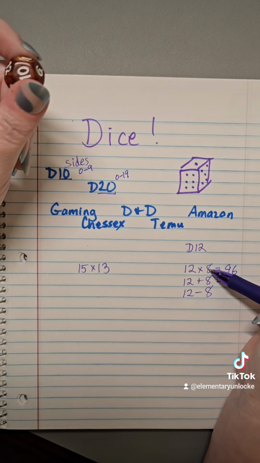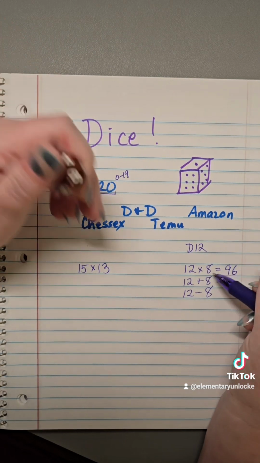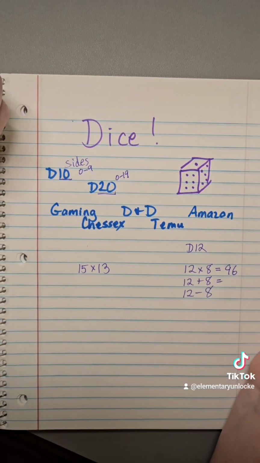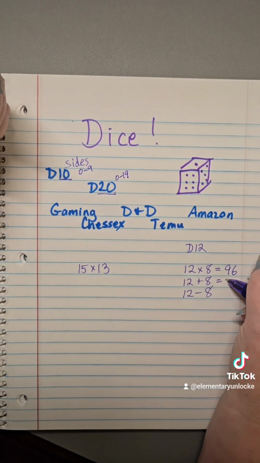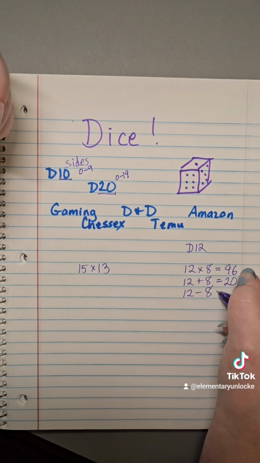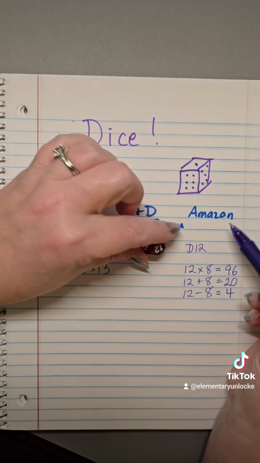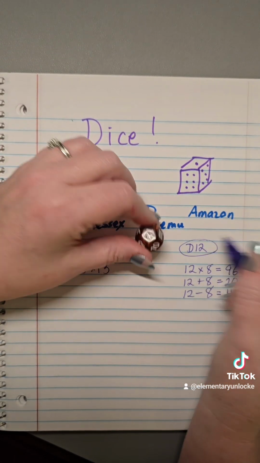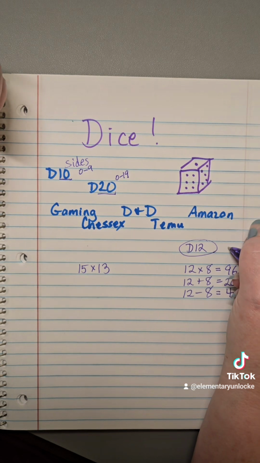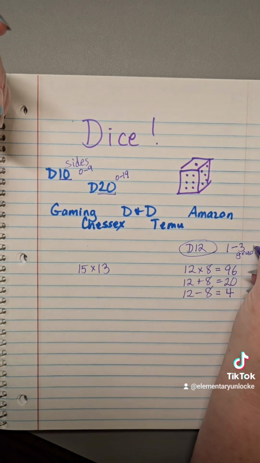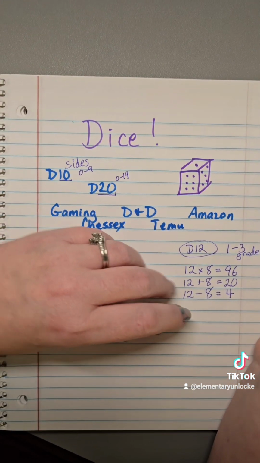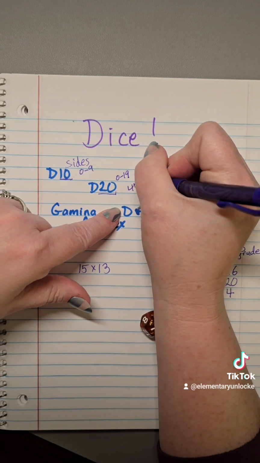Can I look at this and go 8 times 10, 8 times 2, okay, 80, and 16 is 96. I can add, which is 20. I can subtract and get 4. So this is the size that I would go up from like 1st through 3rd grade. That's probably what I would do. If I am looking to get into these, it's probably 4th grade and up for the D20s.